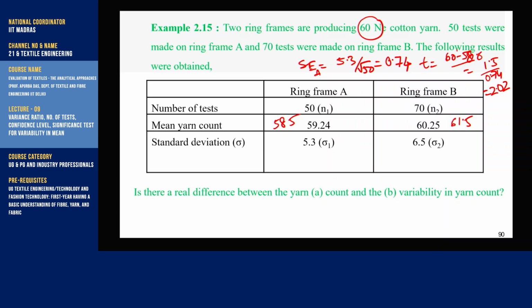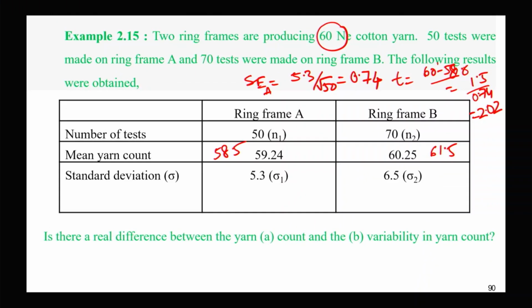So 2.02 is significant at the 95% level but insignificant at the 99% level, because we are comparing the t value with 1.96 and 2.58. So this is insignificant, effectively we can go on running.